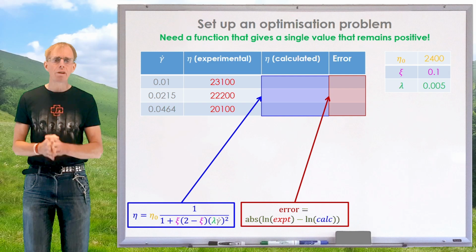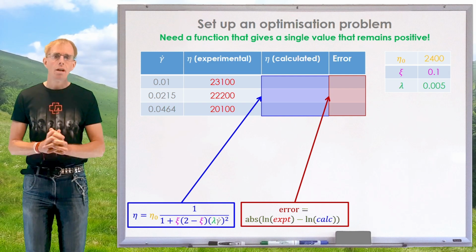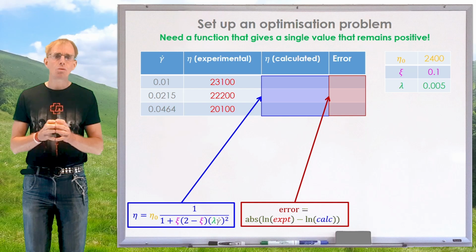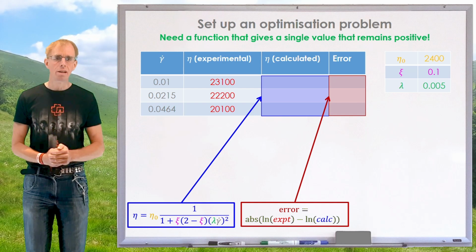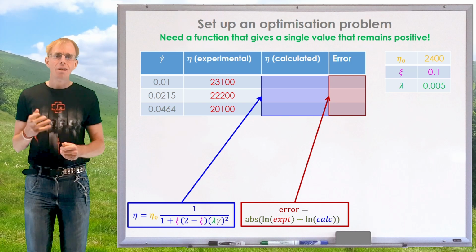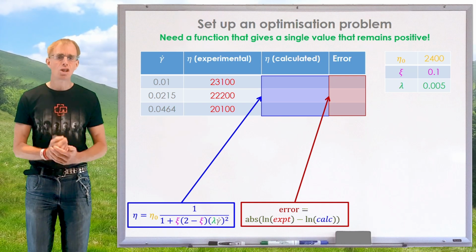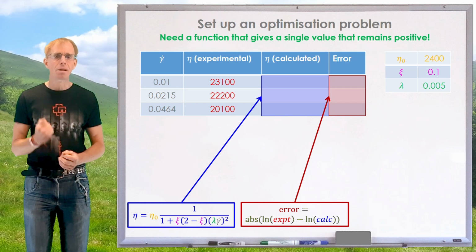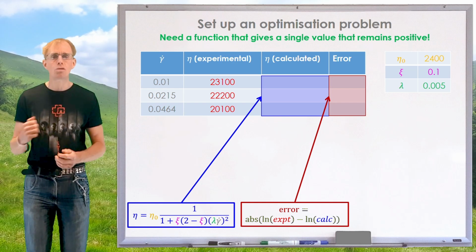And so what I can achieve by doing that is make sure that I'm trying to weight the importance of all the data points equally. That is to say that the calculated values of apparent viscosity at high shear rate affect the error by the same amount as calculated values of apparent viscosity at low shear rate.